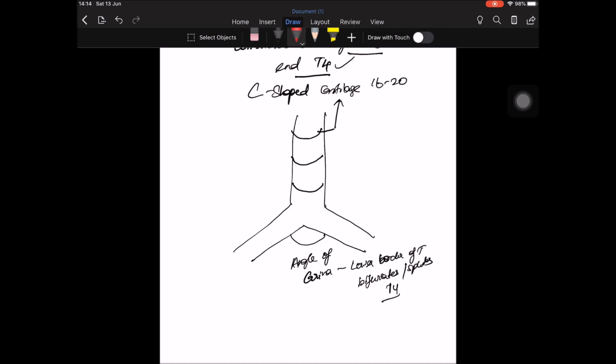Also, we have lymph nodes at the lateral side of the trachea. These lymph nodes we call paratracheal lymph nodes.